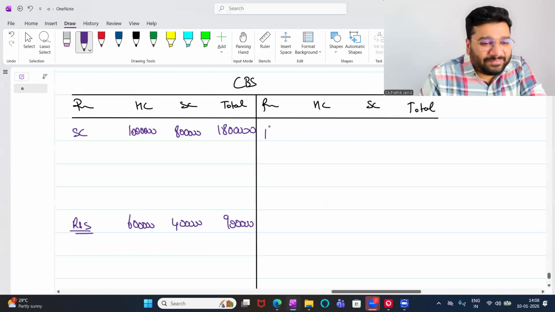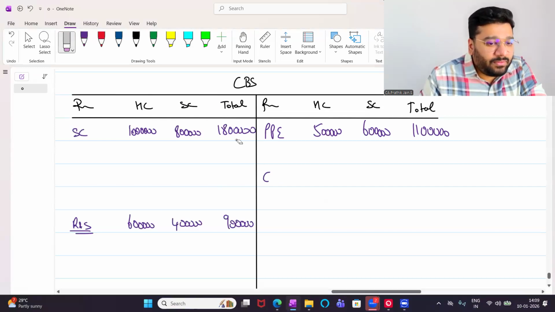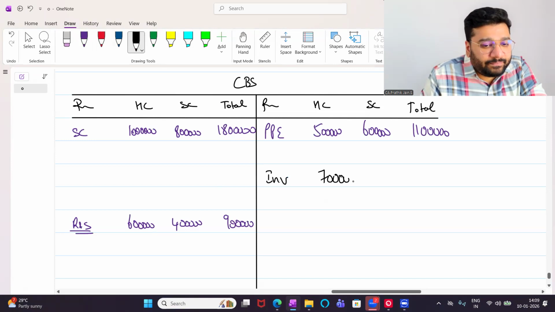PPE, how much? First the investment, the original investment: investment 7 lakh.